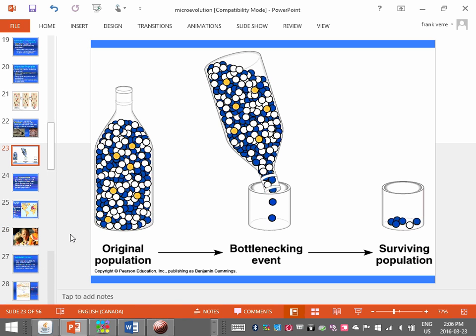If you have a small group that leaves, so the difference between the two, in bottlenecking, there's some catastrophic event that eliminates virtually everybody except for a small group. Founder effect, you have a small group that leaves. But the idea is still simple. That small group has to have less variety than the original group.